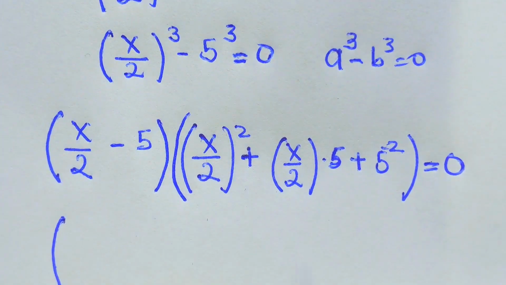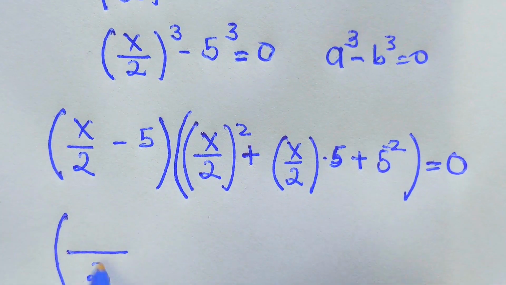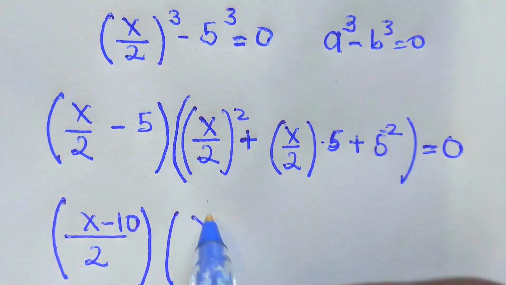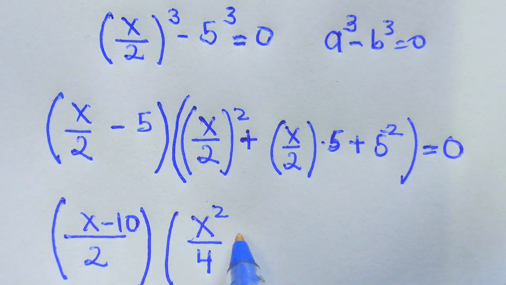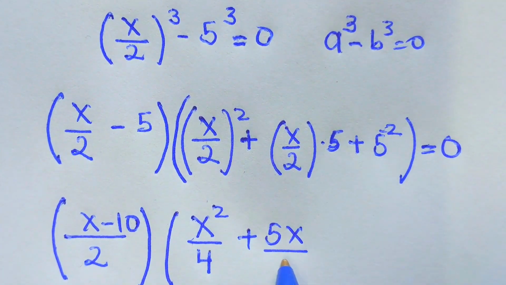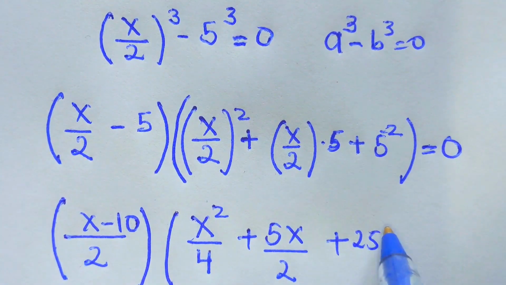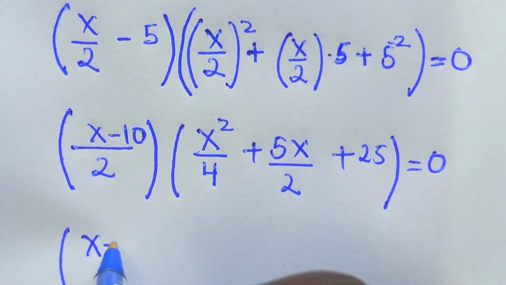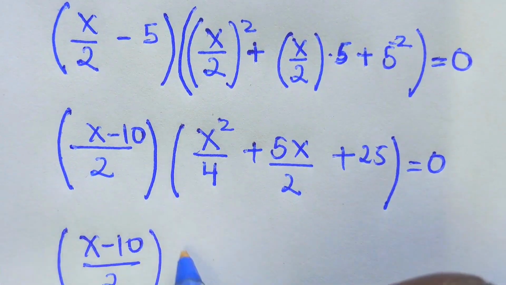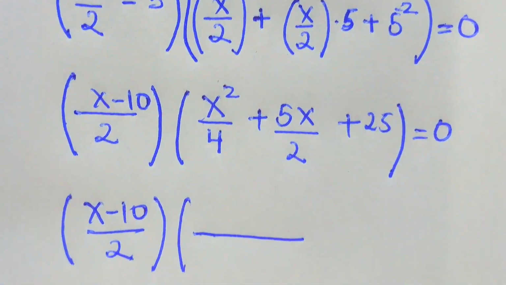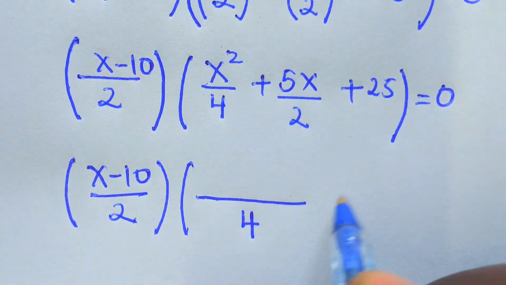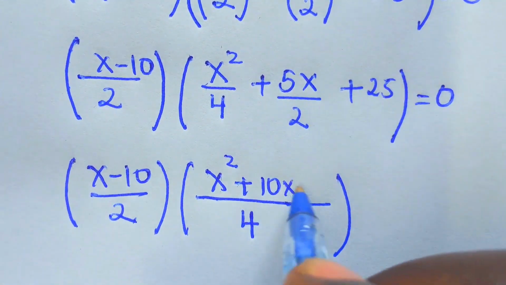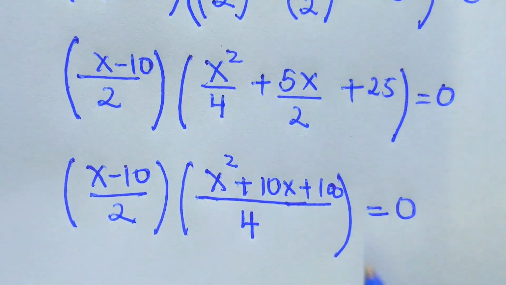Here we take the common denominator of 2 to get (x minus 10) over 2, then open bracket, x squared over 4 plus 5x over 2 plus 25, close bracket, equals 0. Finding the common denominator again, we get 4, giving (x minus 10) over 2 times (x squared plus 10x plus 100) over 4, equals 0.